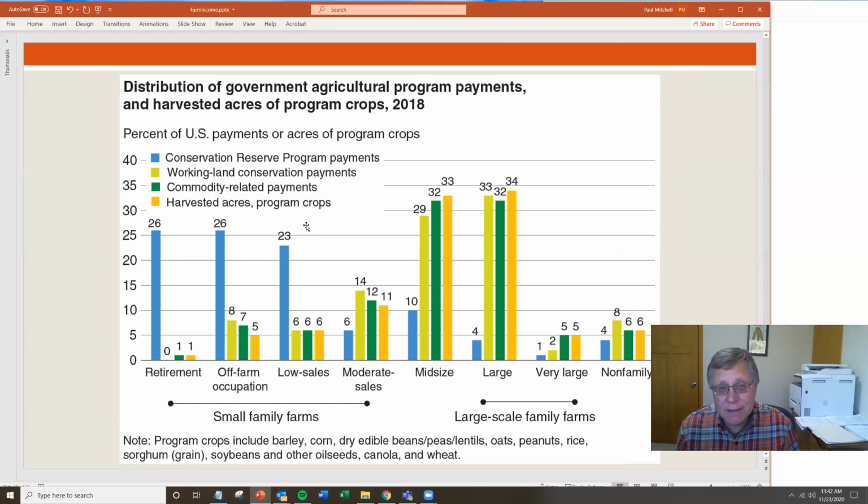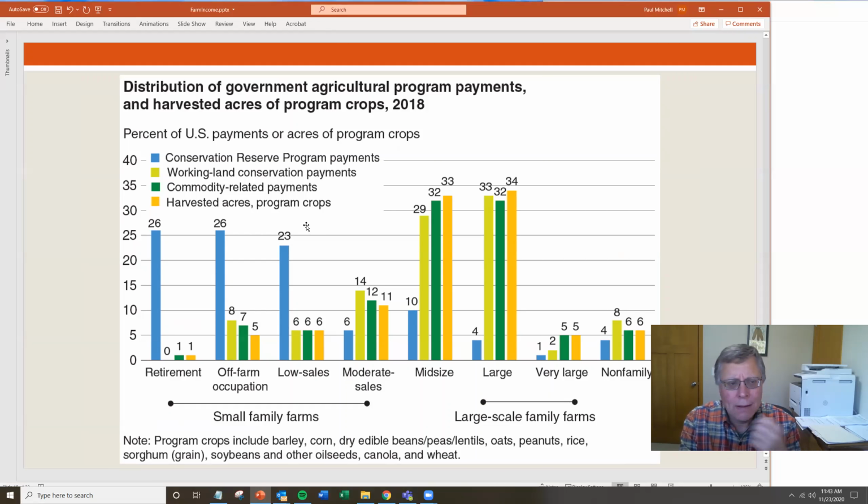Almost 75% of the payments for CRP are going to these small operations that are retired farmers, have another job, or are low-income farmers with $250,000 or less. You think about that unearned income: CRP for these small, less than $50,000 farms is a major source of their income. The other farms also participate, but at much lower levels. That last 25% is scattered among all these different categories.